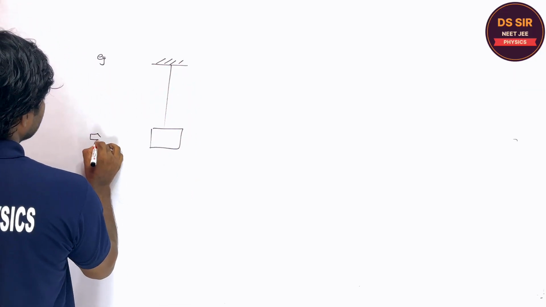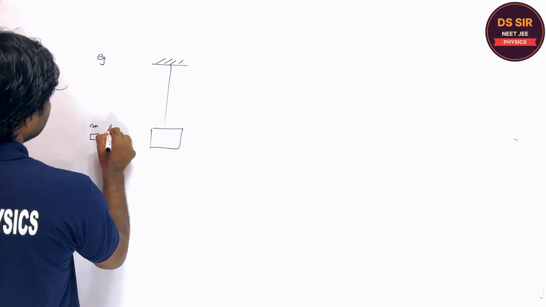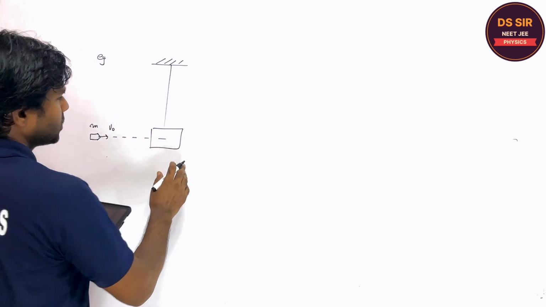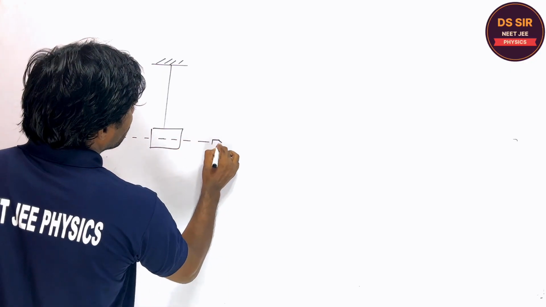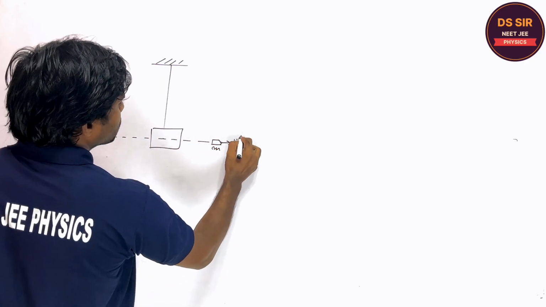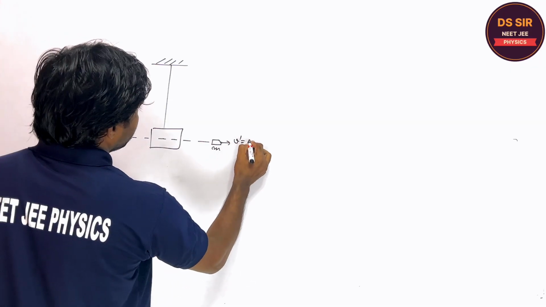So in the next illustration, a continuation of linear momentum conservation. Suppose there is a bullet of mass m moving with speed v. Now it does not get embedded in this block system; rather, after penetrating the block it has some velocity v dash, which you have to find.